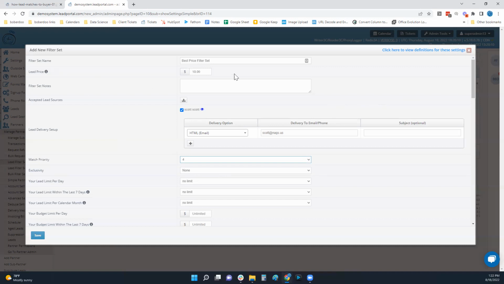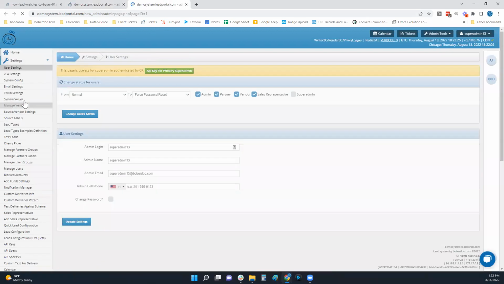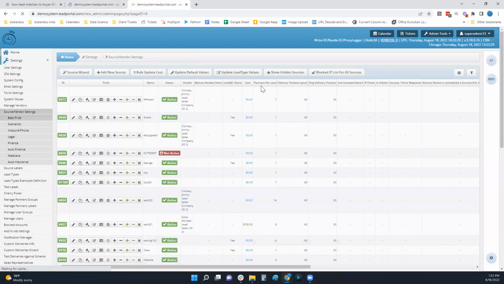Now, best price is typically used in an exclusive lead system. And by that, I mean at the source settings, how many times is a lead going to be distributed? So this is where variations and some complexities can come into play.